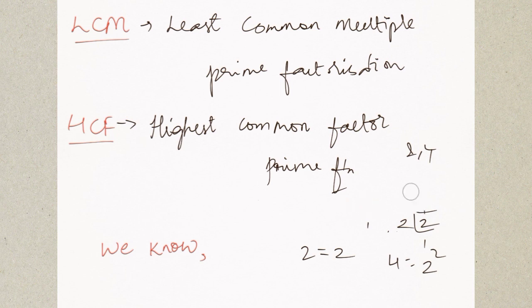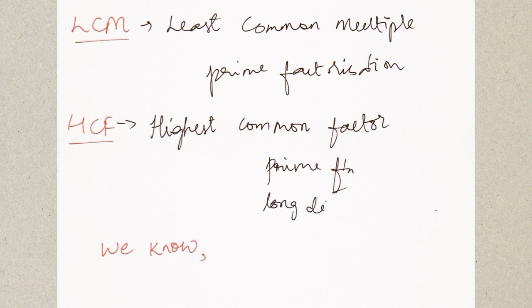There is one more method of finding HCF, that is the long division method. Like if I am asked to find the HCF of 2 and 4, I have to take one number here and one number here, like division. So 2 twos is 4.